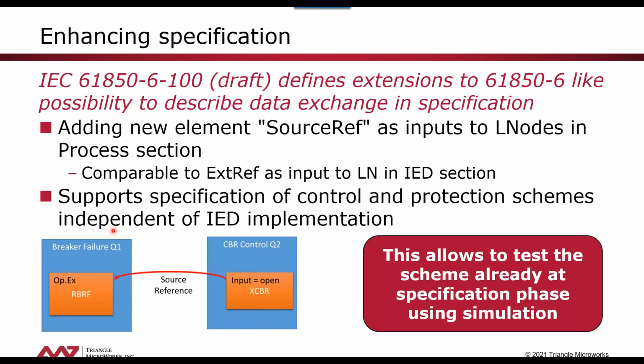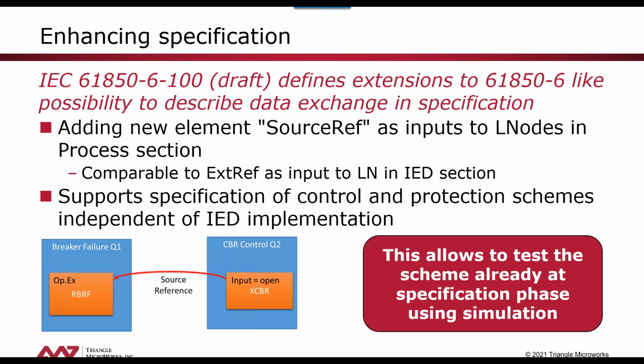In this part 6-100 that we are working on, we define a couple of extensions. Among them is also the extension that we can already specify interactions between logical nodes in the specification stage, so when we do not yet have IEDs associated to our system. That has been done by adding a new element, source reference, as inputs to LNodes. The LNodes are the ones that we have in the substation or process section.